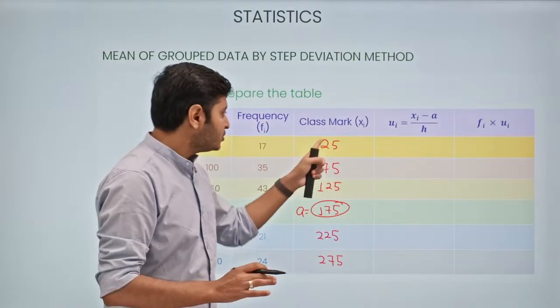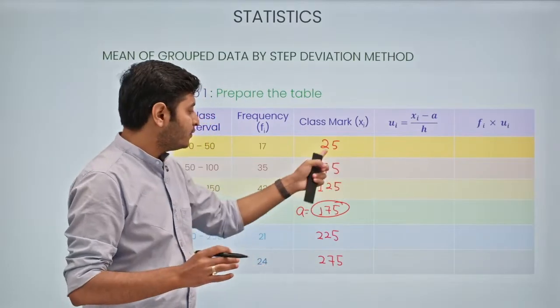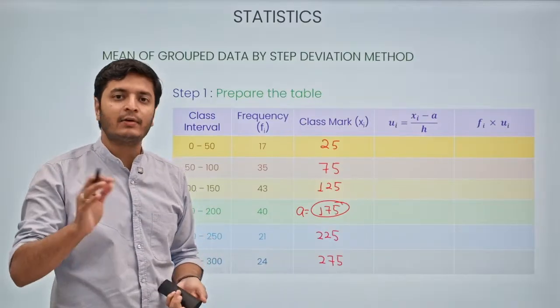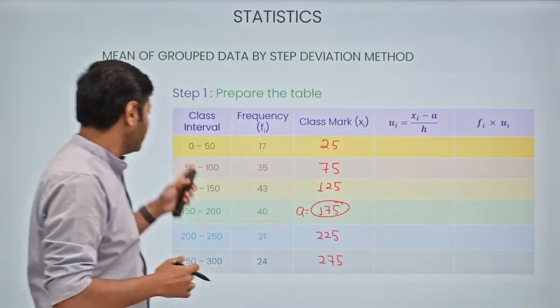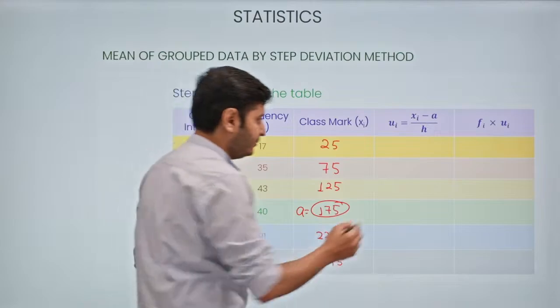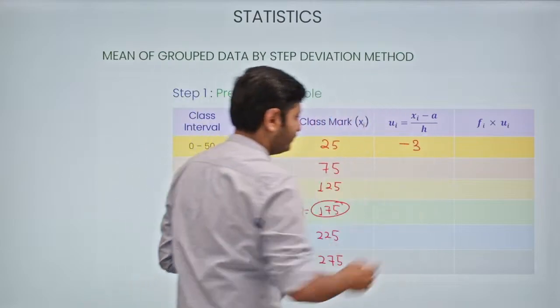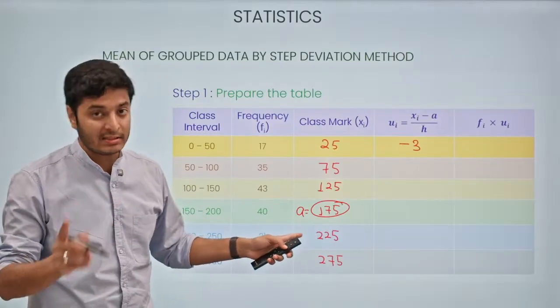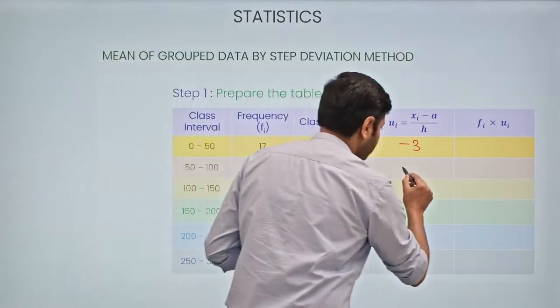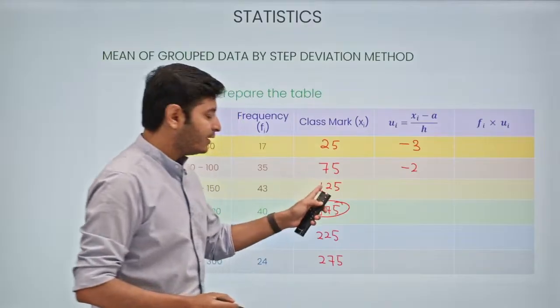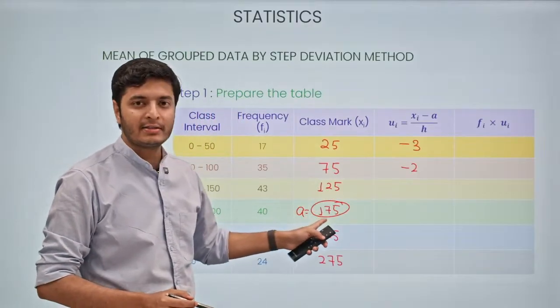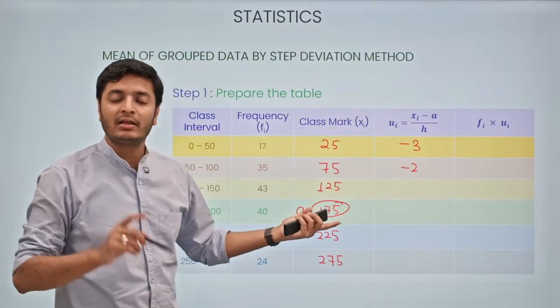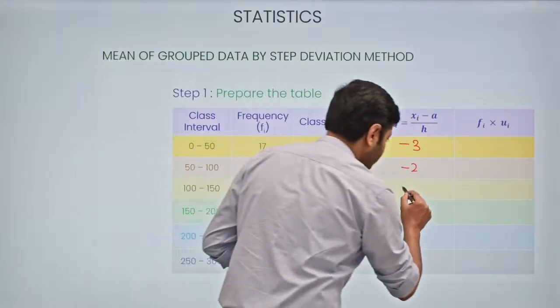My bad. So the first ui value would be 25 minus 175, that is minus 150, and then divided by 50, minus 3. In this case, 75 minus 175 is minus 100, divided by 50, minus 2. 125 minus 175 is minus 50, divided by 50, minus 1.